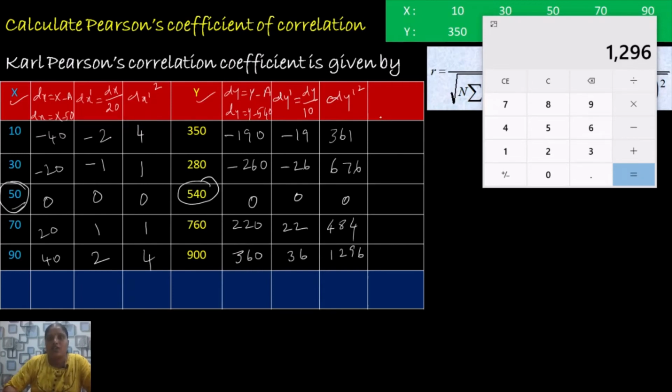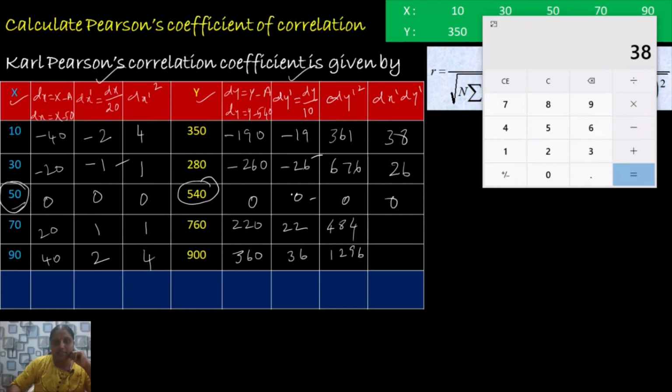Next, you have to multiply dx dash with dy dash. This is your dx dash and this is your dy dash. So 2 19s are 38, plus 38 because minus times minus becomes plus. Next, minus 1 times minus 26 is plus 26.